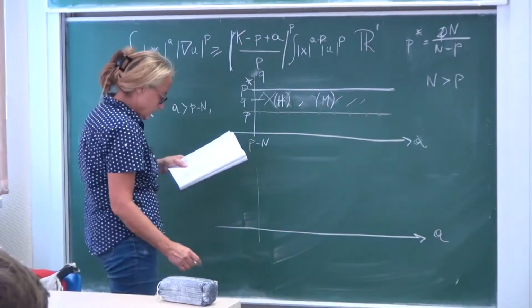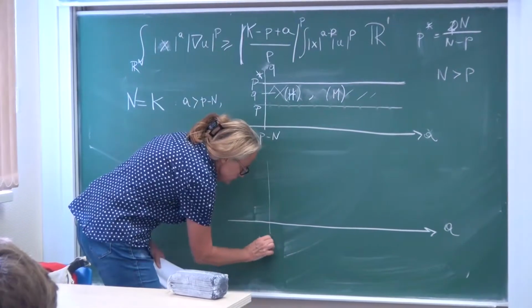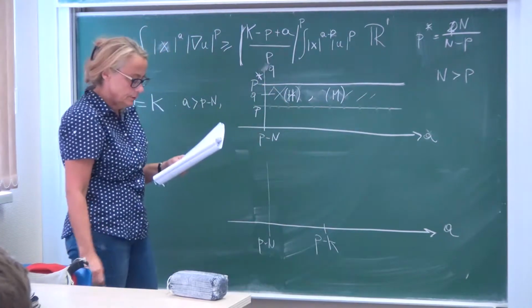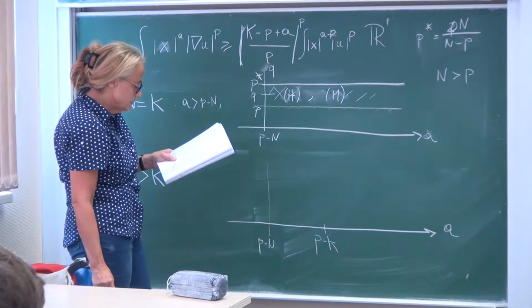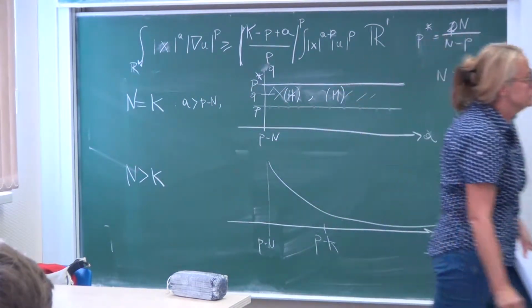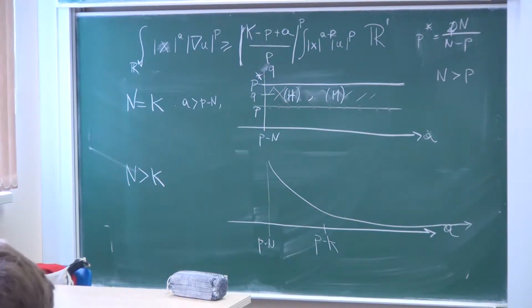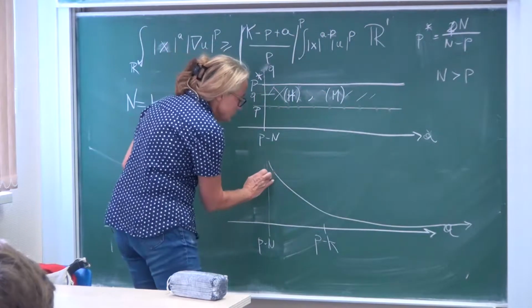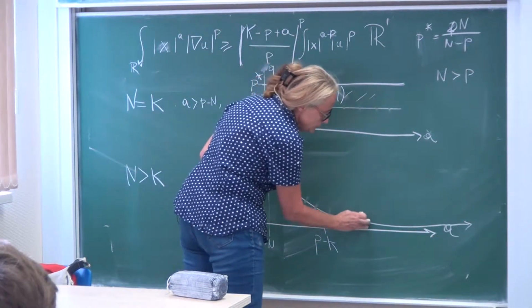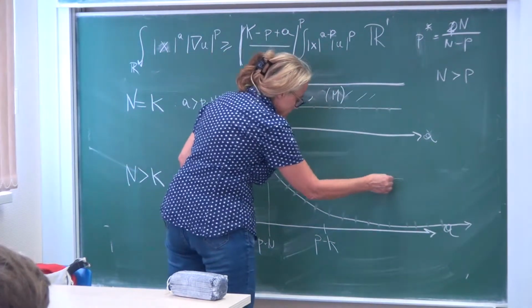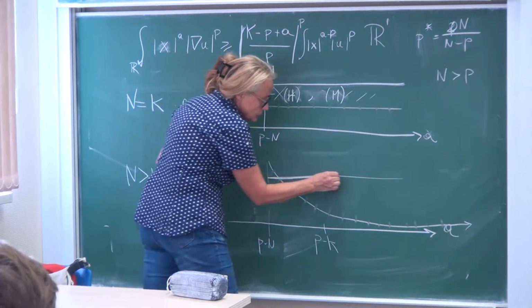In the cylindrical case, I have P minus n here, but I have P minus k here. And I have this decreasing curve, that is the curve given by, say, Q hat. I must choose Q above this hyperbola, this curve, and not larger than P star.